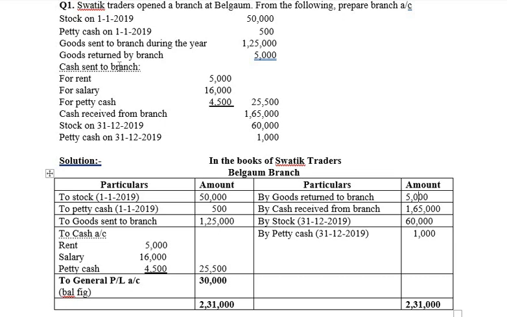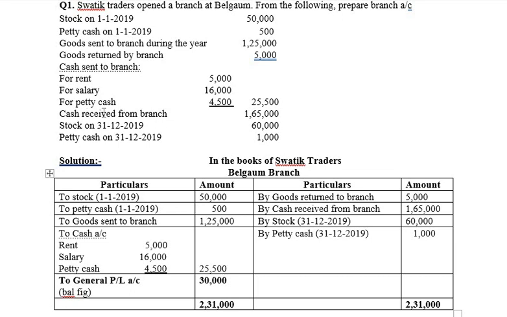These are the cash entries being done. Cash sent to the branch for rent is 5,000. Cash sent to the branch goes to the debit side. To cash account, just go to the journal entries and check it out. To cash account, rent 5,000, salary 16,000 and petty cash 4,500. The total of this is 25,500.